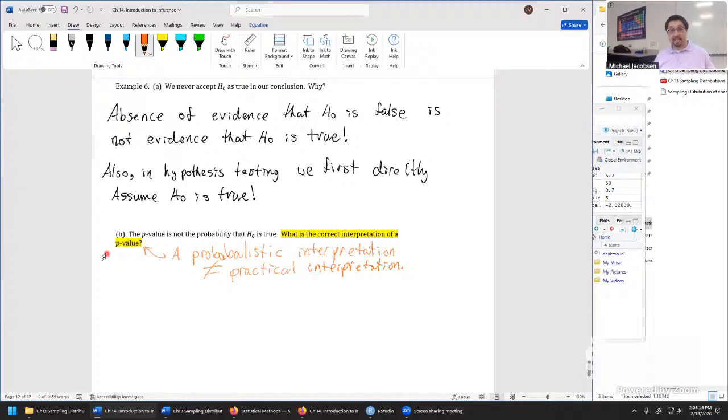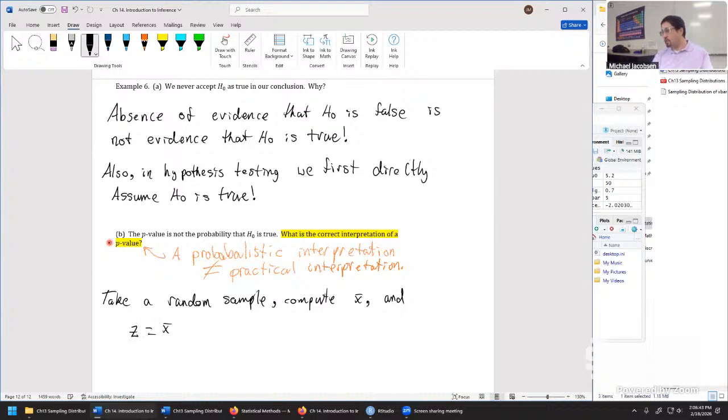So let's write down carefully and exactly what the interpretation of this p-value would be. First we take a random sample, compute x bar, and z equals x bar minus mu naught divided by sigma over the square root of n.